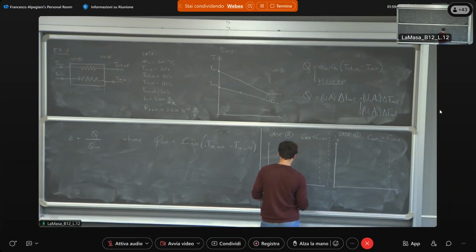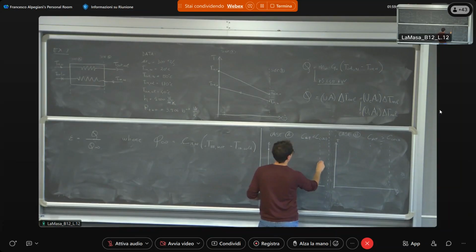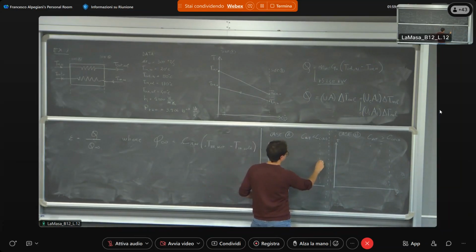Considering case A, we have a TQ diagram that is done like this.